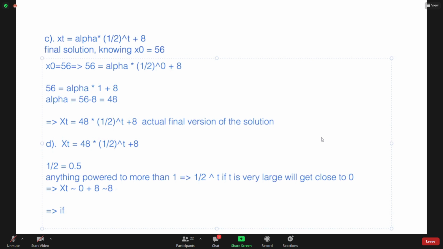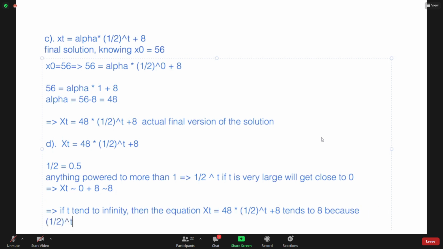If t tends to infinity, then the equation, this one, tends to 8 because 1 divided by 2 to the power of t will tend to 0. And this is your final version of the answer.